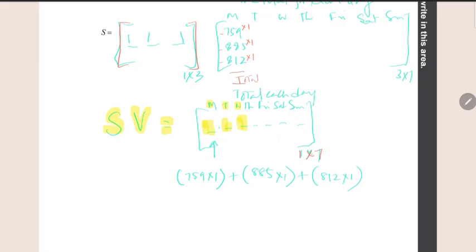In order to get a 1 by 7 matrix, the 1 comes from the S and the 7 comes from V. So the column of S and the row of V have to be equal. So we know currently that V is a 3 by 7 matrix. So S has to be a 1 by 3 matrix. And that gives you an indication that it should have 1 row and 3 columns, and they should consist of ones. Okay.